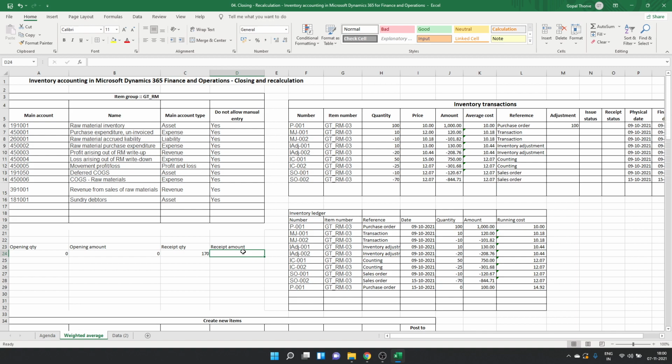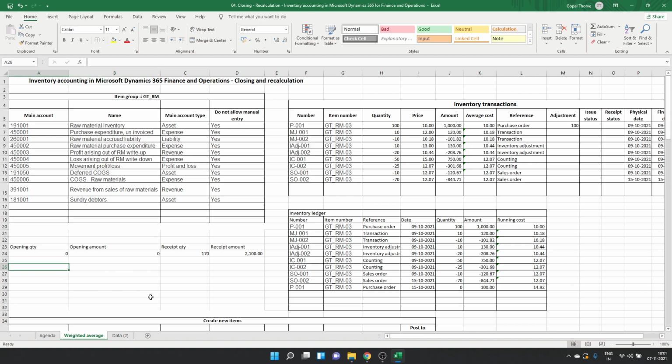receipt quantity, and what is my receipt amount? It is this plus this plus this plus this plus this 100, because this 100 is an adjustment on the receipt transactions, so that's why it is also included. If I want to be specific, then I have to include this also.